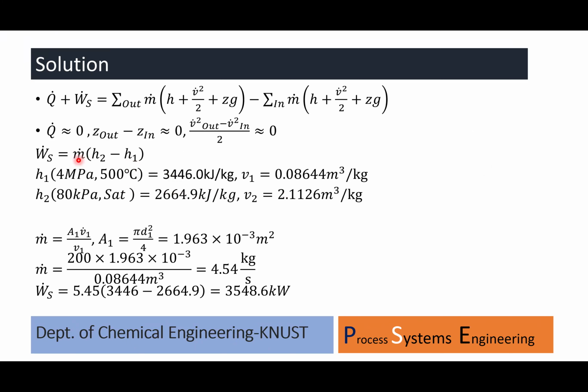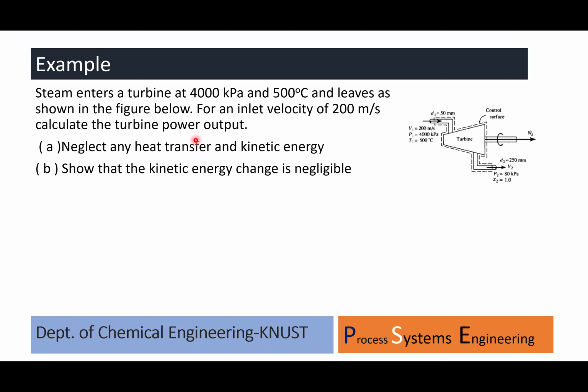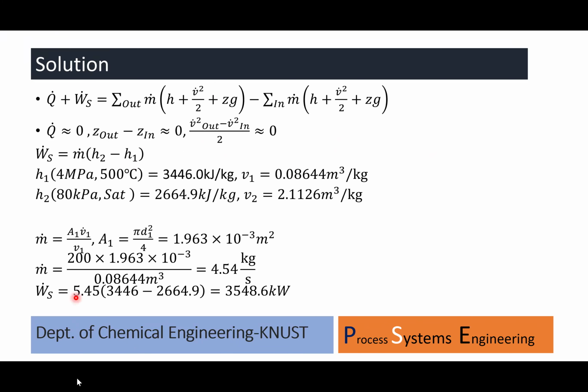We already have the mass flow. Okay, but the mass flow wasn't given. So we have to find the mass flow as well. So to find the mass flow, we know that density is equal to my mass over my volume, right?